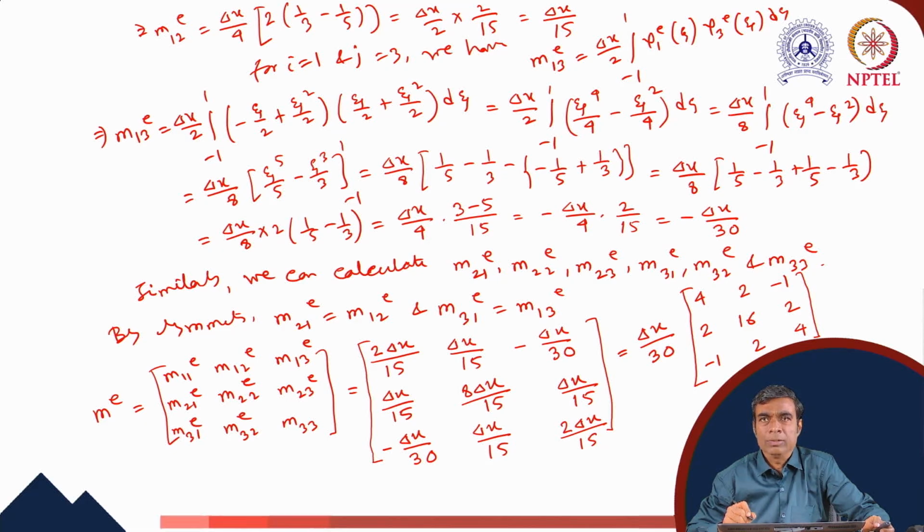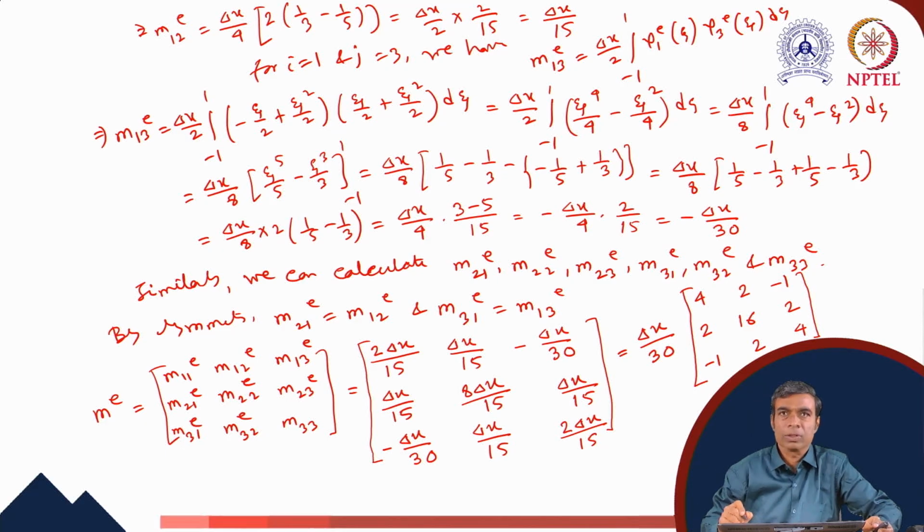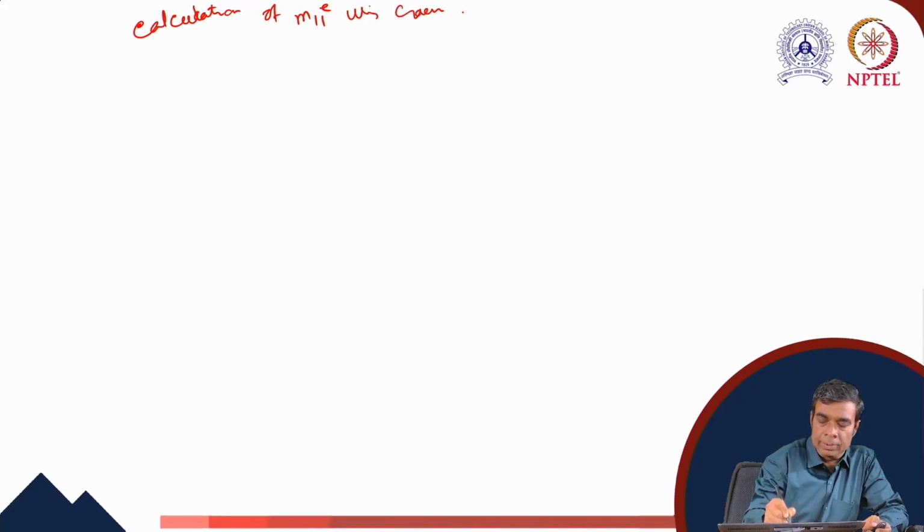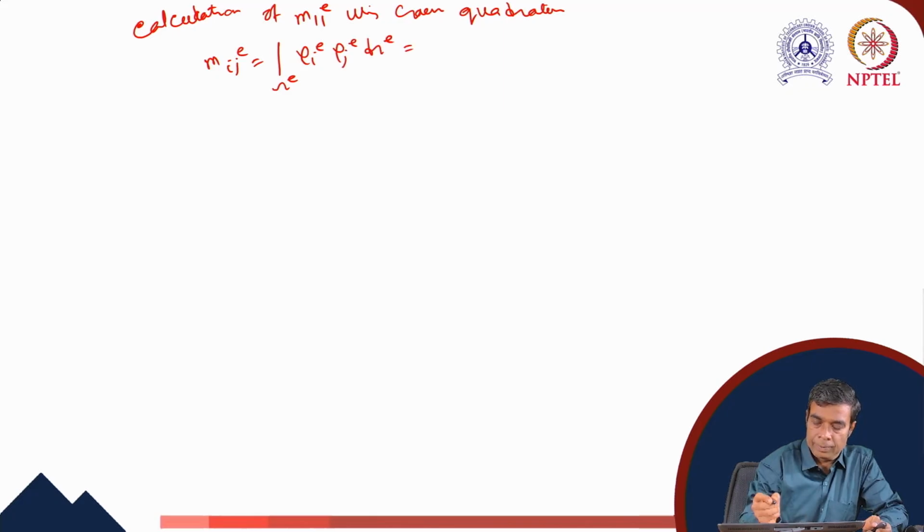Now we show this calculation for the M11E term using the Gauss quadrature. Calculation of M11E using Gauss quadrature. Mij equals integration over omega e of psi i psi j d omega e, equals delta x by 2 integration from minus 1 to 1 of psi i e xi psi j e xi d xi.